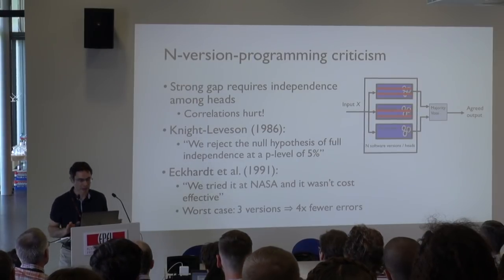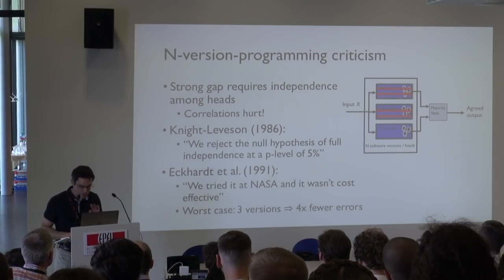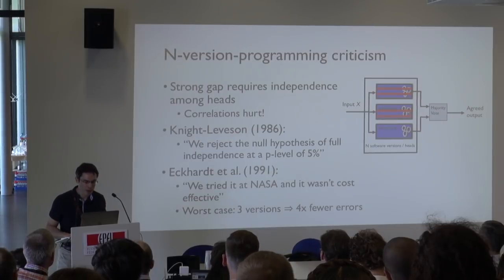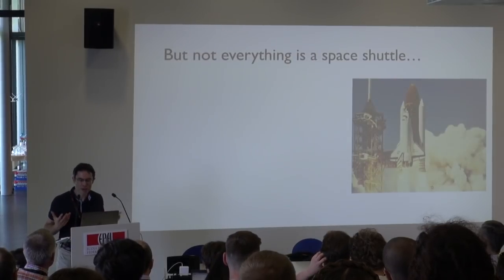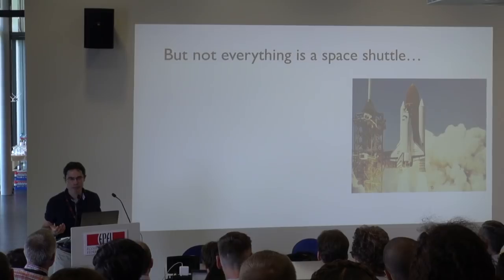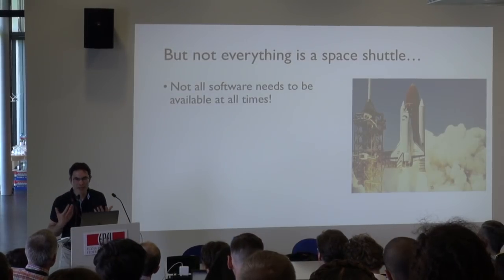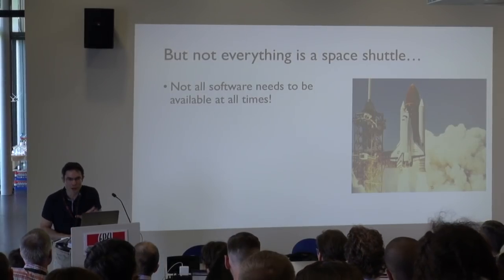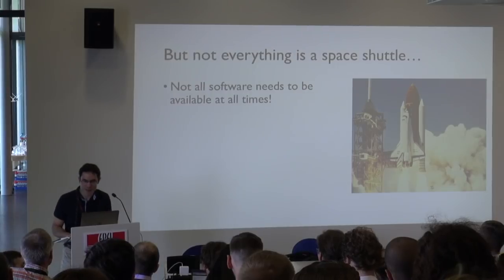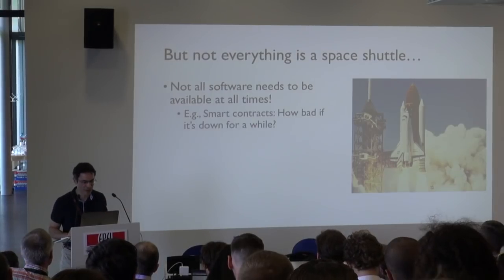This seems pretty damning, but an essential observation in our work is that not everything is a space shuttle. What do I mean by this? I mean that not every program needs to be available 24/7. Obviously, you do want your system to be running 24/7 if it's an embedded system in a space shuttle.